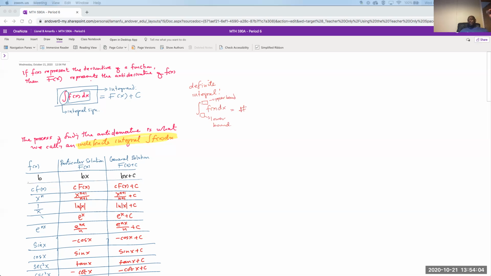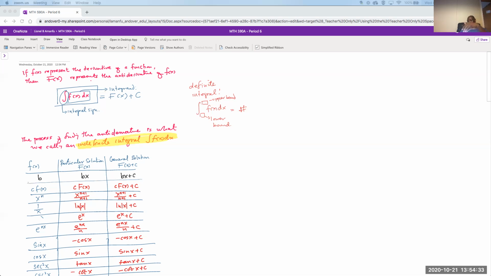So the very first few ones we're going to do, you learned how to do the power rule. So we're going to learn how to undo the power rule. You learned how to do e to the x. We're going to learn how to undo e to the x. We learned about your trig derivatives. We're going to learn how to undo those. And then things start to get complicated, so we start using different techniques to help us return back to what the original function was.